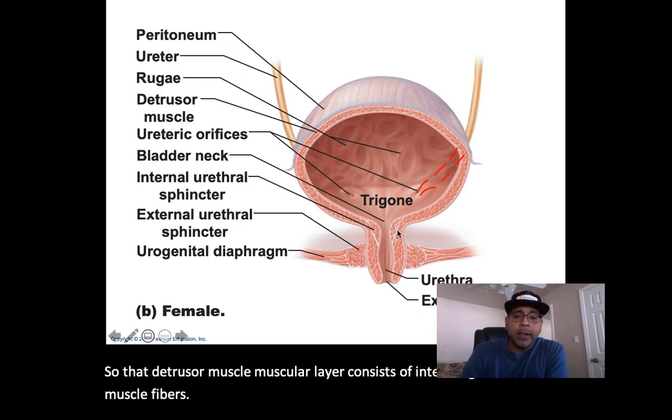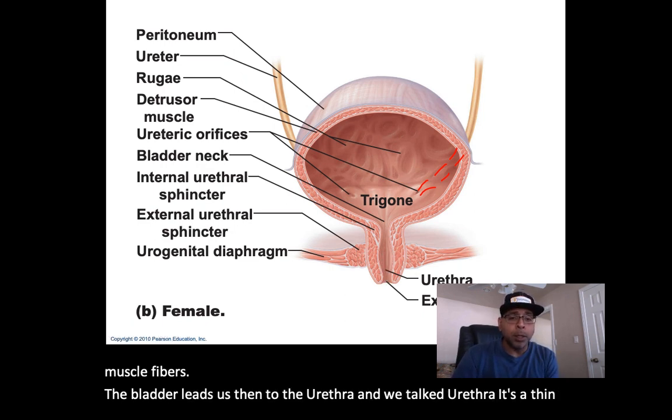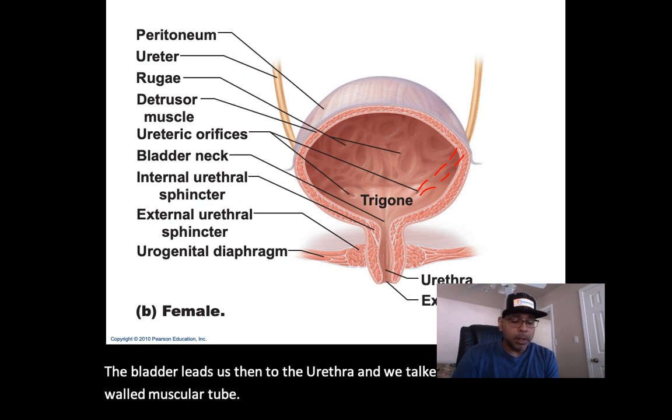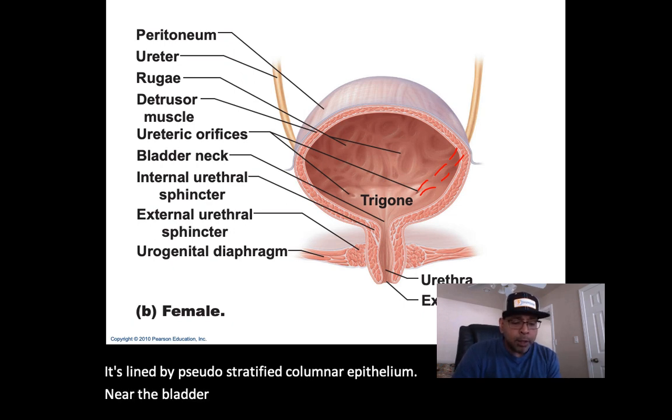The bladder leads us then to the urethra. Now, when we talk urethra, it's a thin-walled muscular tube. It's lined by pseudostratified columnar epithelium. Near the bladder, it's transitional.